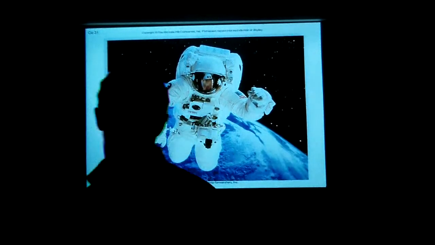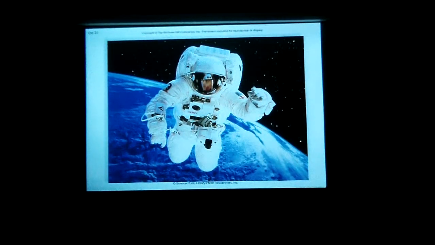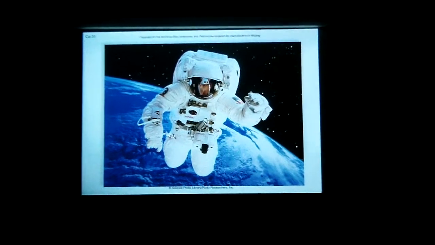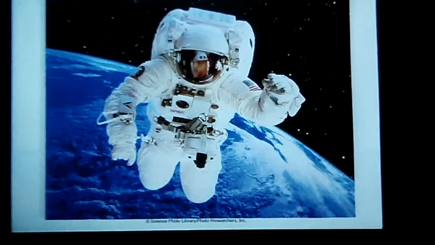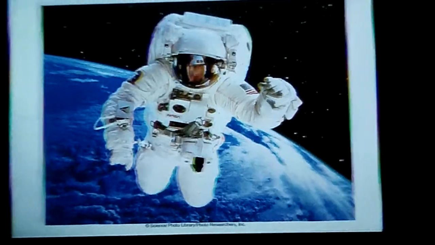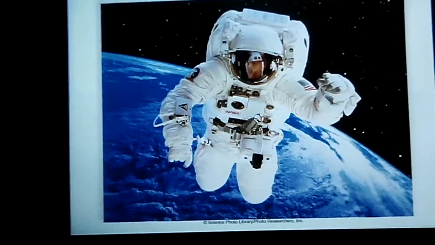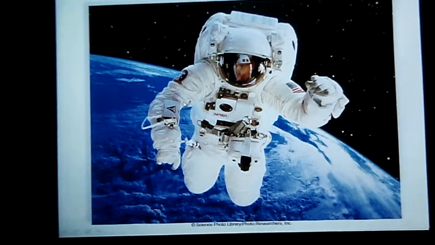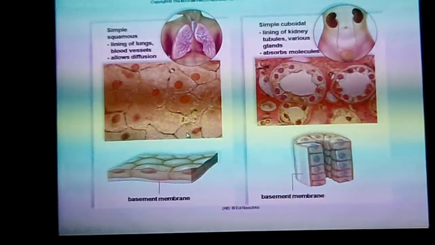Ooh, that kind of makes it spooky. But you can see it really well. And I'll give it an up-close view. So, there we go. It's a guy in a spacesuit. What do you think about that?